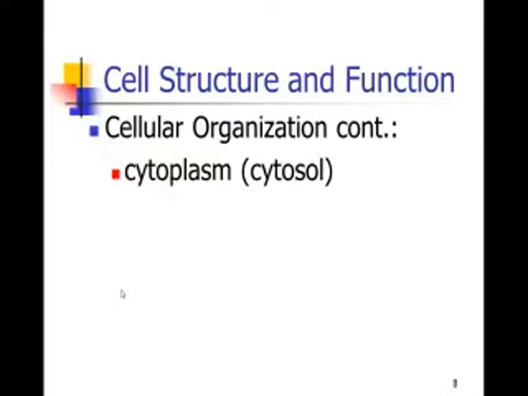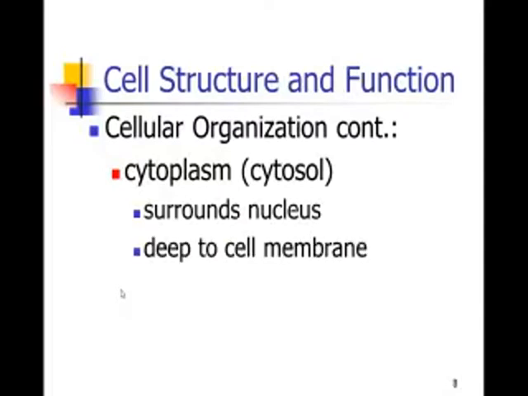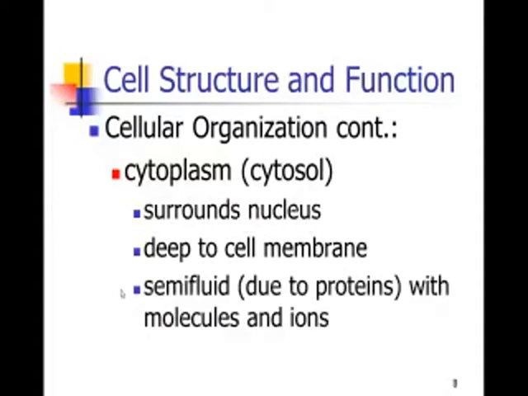The cytoplasm is going to surround the nucleus, and it's going to include the organelles inside of it. It's deep to the cell membrane, so it's sort of between the nucleus and the cell membrane, and it's semi-fluid, gel-like perhaps, I guess would be a way to think of it. It has molecules and ions in it.